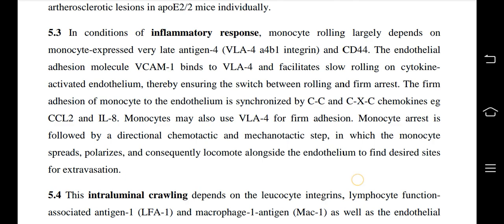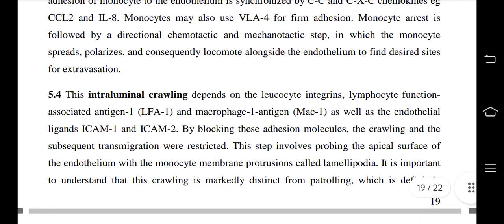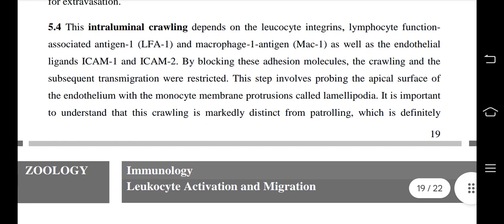Monocyte arrest is followed by a directional chemotactic and mechanotactic step in which the monocyte spreads, polarizes, and consequently locomotes alongside the endothelium to find desired sites for extravasation. This intraluminal crawling depends on the leukocyte integrins lymphocyte function-associated antigen 1 and macrophage 1 antigen, as well as the endothelial ligands ICAM1 and ICAM2.